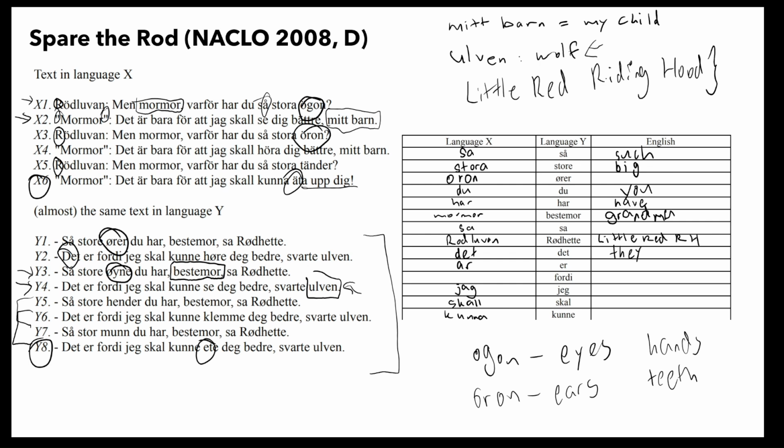How do you, there's no batre on here either, so what other stuff do we have? We have det, air, right?